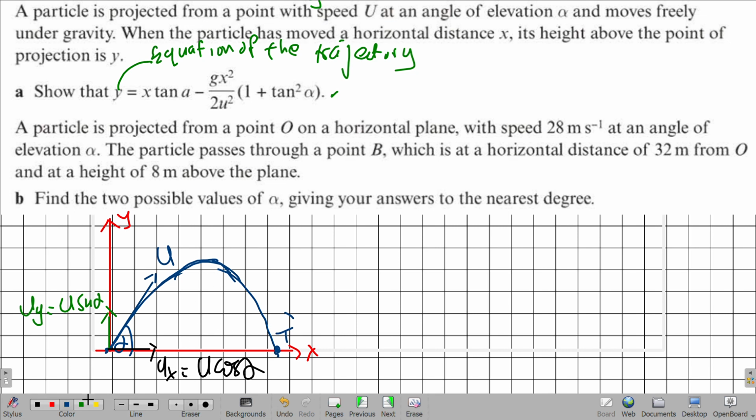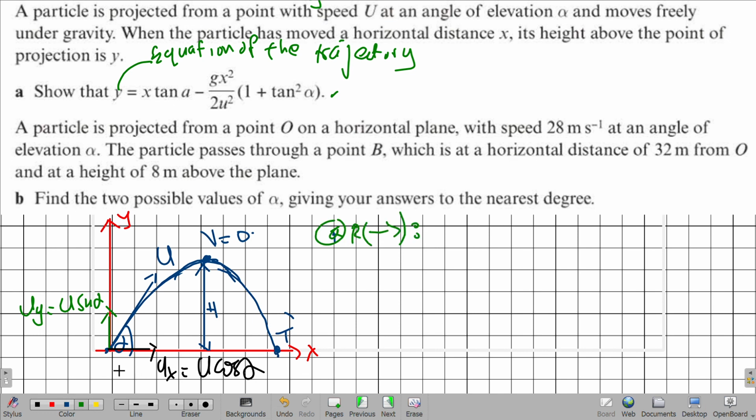So a few of the things that we can recall here: this is a projectile at an angle. As it reaches this point, it's stationary, the final vertical velocity is 0, and this is the height we are talking about. To find the displacement, which is x here, I have to resolve horizontally.